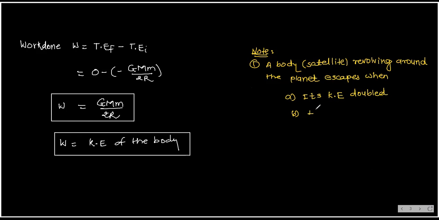its velocity is increased by root 2 times of the present value. Root 2 times the present value means how much?